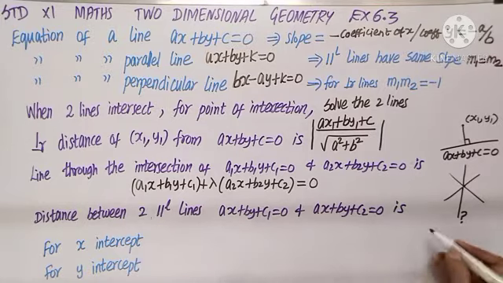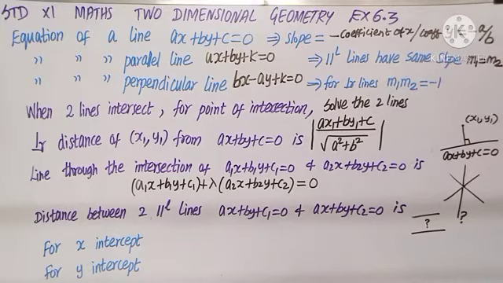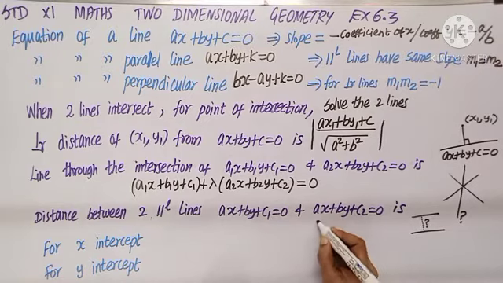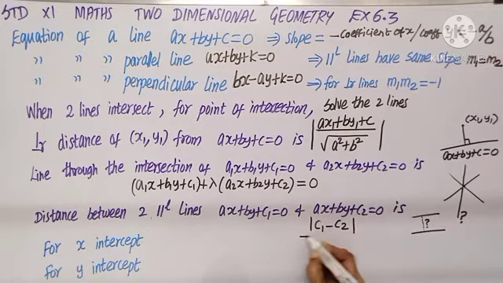How to get the distance between parallel lines? This is a line, and this is parallel to it. How to find the distance? Parallel lines differ by the constant. So, find the difference between the constants, modulus, divided by root of a square plus b square.